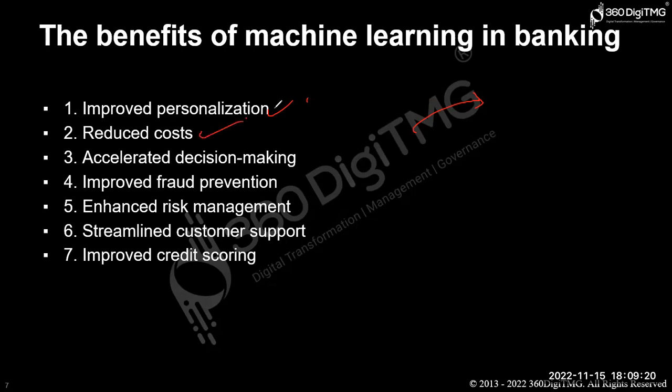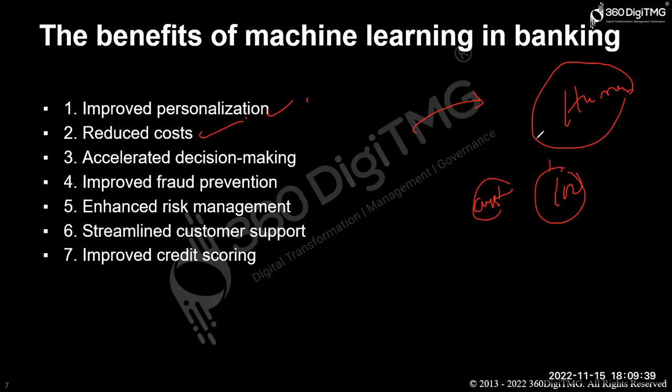Obviously, when you deploy machine learning models, we can reduce the cost that comes with human resources, right? Let's say just for customer queries you have deployed about 100 people. That whole 100 people's work can be done by a single chatbot, right?